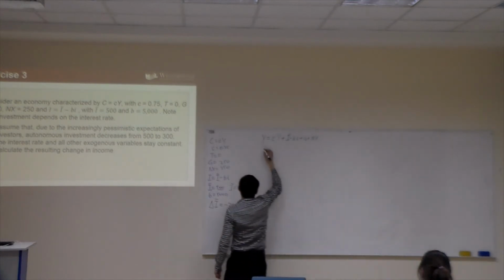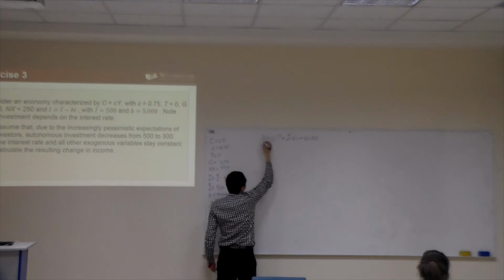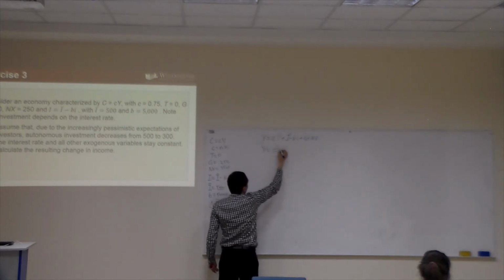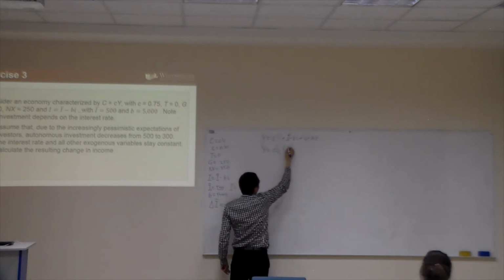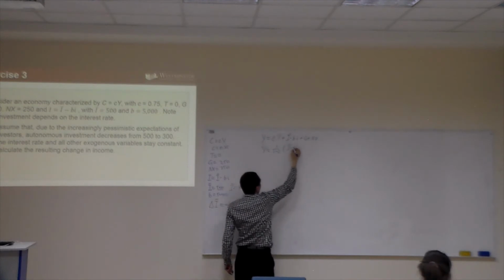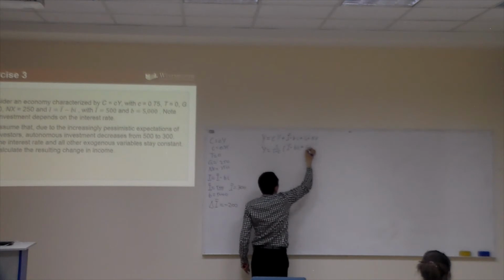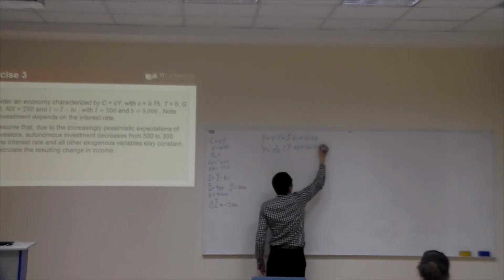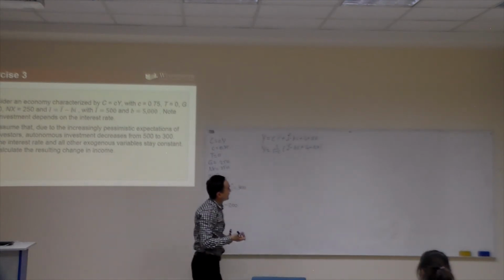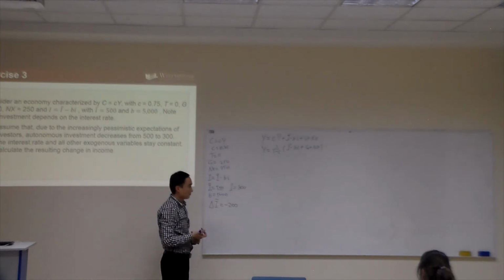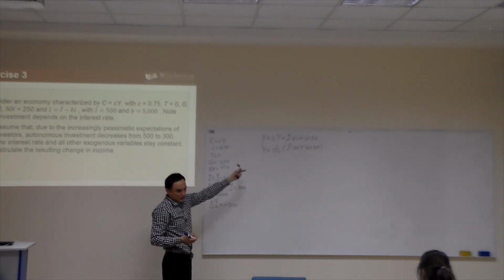So where our y is equal to the multiplier, 1 over 1 minus c, times autonomous investment minus interest rate plus government spending plus net export. Now you take the first difference with respect to time.